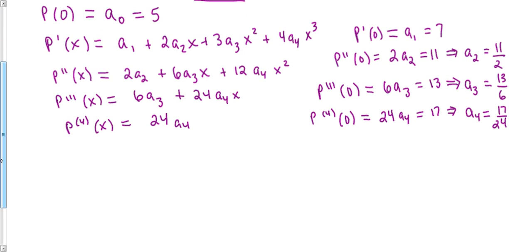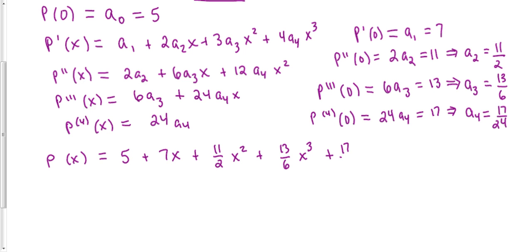So let's go down here, get ourselves some space. So p of x is going to be equal to a0, which is 5, plus a1 times x, plus a2 times x squared, plus a3 times x cubed, plus a4 times x to the fourth.